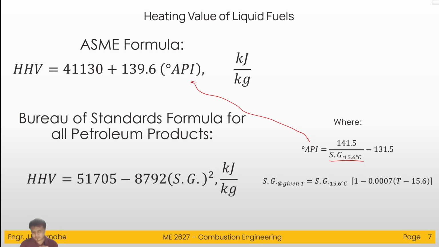Although realistically it's actually viscosity that makes the fuel, for example oil, a little solid. And so to make this simple, as temperature increases the specific gravity decreases, therefore the density also decreases.